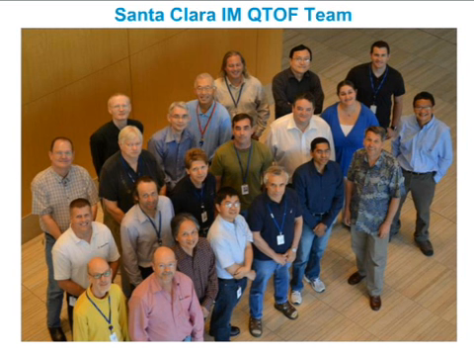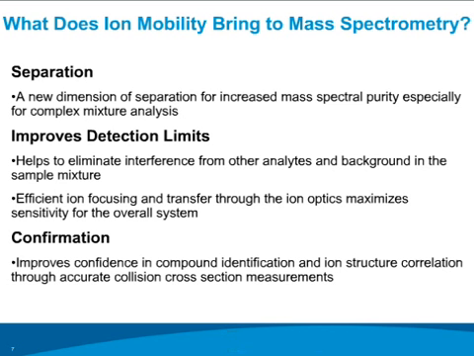The next slide is an illustration of at least what I think mobility brings to mass spectrometry. The first, and I think the most important, is a new dimension of separation. It's gas phase separation, ion separation in the gas phase, as opposed to what traditionally is coupled to mass spectrometry, and that's chromatography.